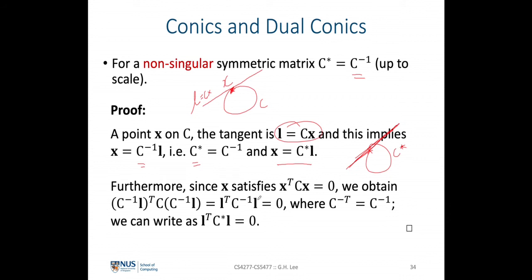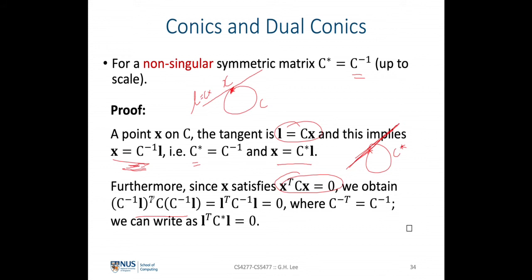Furthermore, since x satisfies the second degree polynomial equation that we have seen earlier, we obtain this relation by substituting x with C inverse l into both sides of this quadratic equation and simplifying.